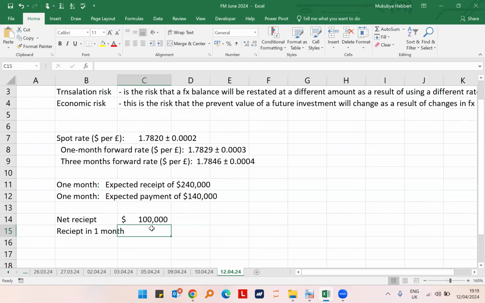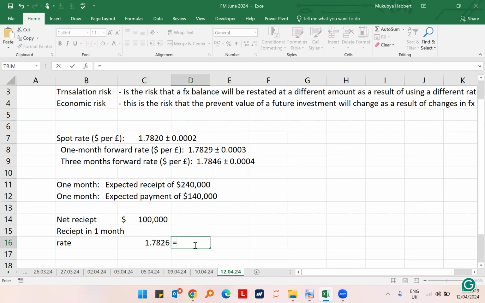These rates, the way they have been given to you, are in the form of plus or minus. So the rate can be 1.7829 minus 0.0003. Remember, we are looking at 1 month forward. That's the first one.